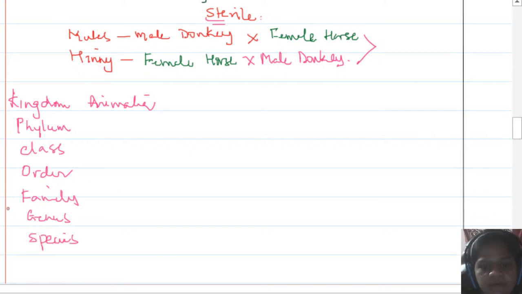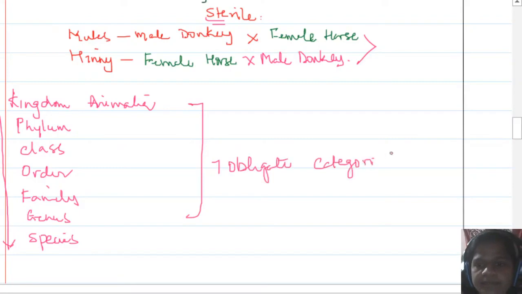These are all the 7 obligate categories. And some of you have even written it down, so very good people. But remember, there is another one, domain.